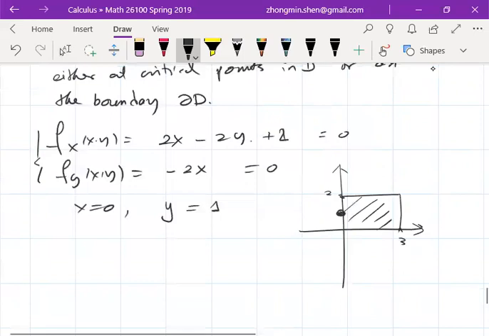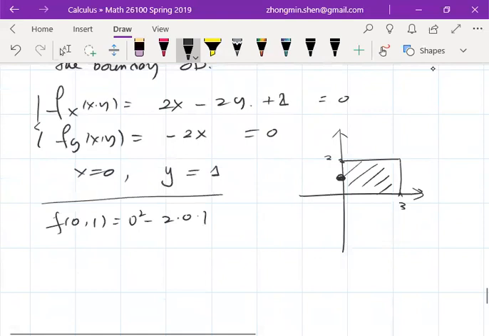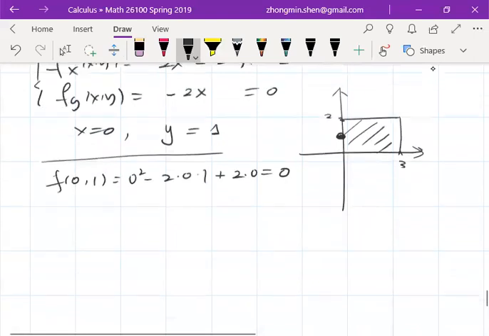We only need the critical point if it is inside the domain; right now it's on the boundary, so it's not useful. We only need to look at the value of the function on the boundary. You can evaluate f(0, 1), which is 0 squared minus 2 times 0 times 1 plus 2 times 0, so it's 0.